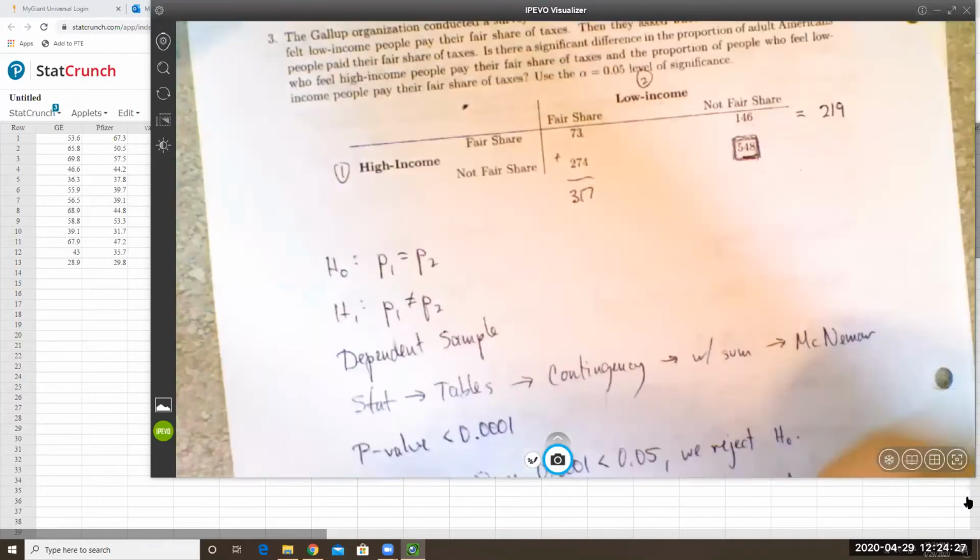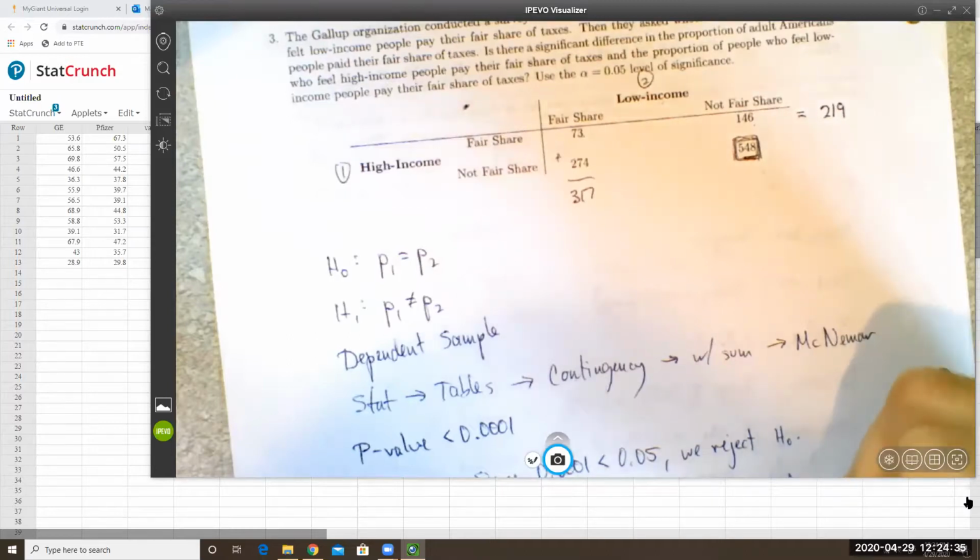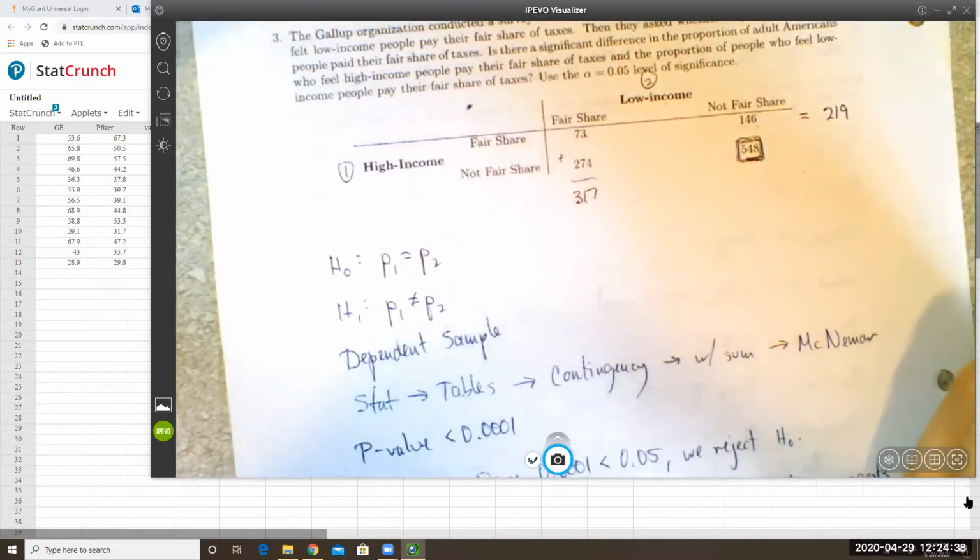Okay, the proportion of people who feel, maybe I'll just call them high incomes pay their fair share.